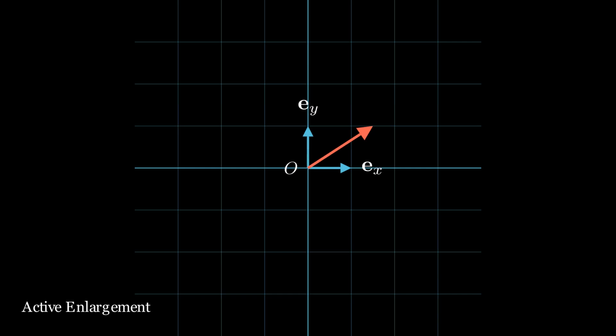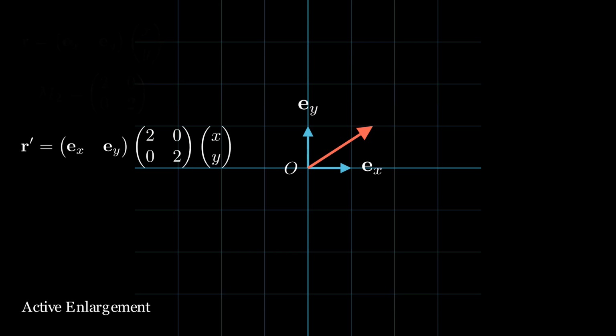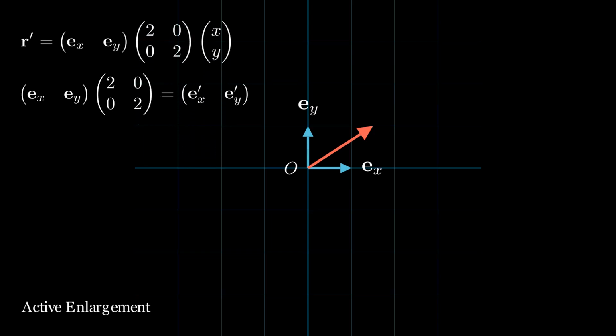A good example to explain the active and passive transformations of a point is scaling. For instance, the active enlargement M2, which doubles the distance from the origin, can be written as follows. Using the notation from earlier, this can be expressed as the following operation.